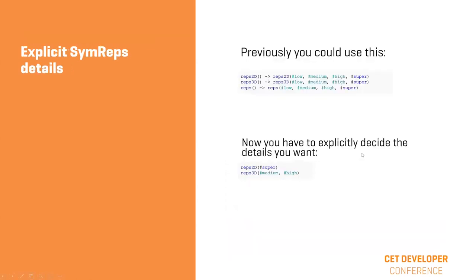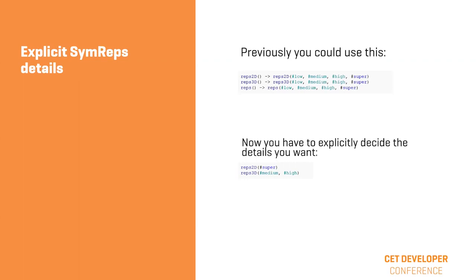Continuing, we have changed create reps. Previously, you could just type reps 2D, 3D, or regular reps, and you would get all of them, low to super. We have changed this, so now you explicitly have to decide which details you want.